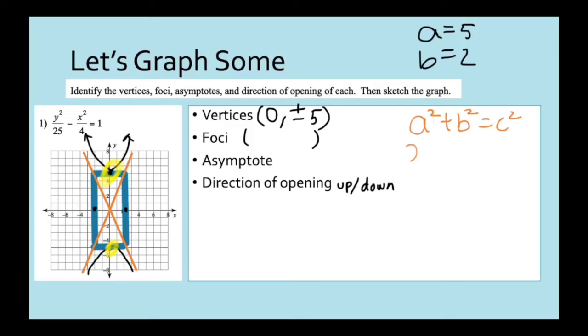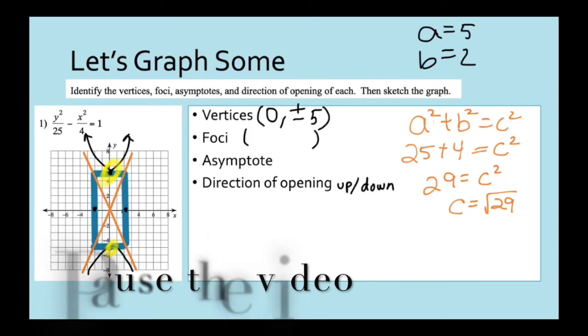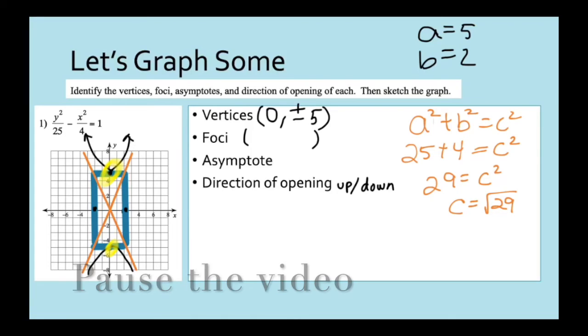So we have 25 plus 4. We add those together to be 29. So c equals the square root of 29. So that means we're going to go up square root 29 and down square root 29. So you're going to need the value because we need to mark those on our graph. So go pause this and get your calculator out and take the square root of 29.